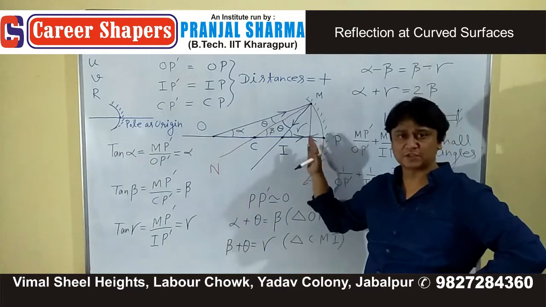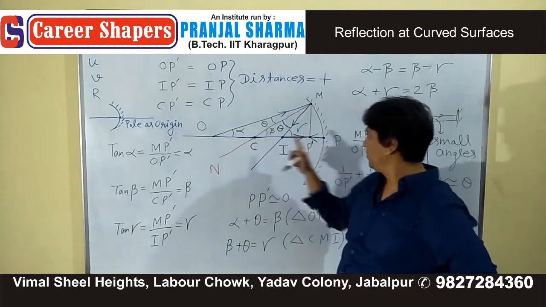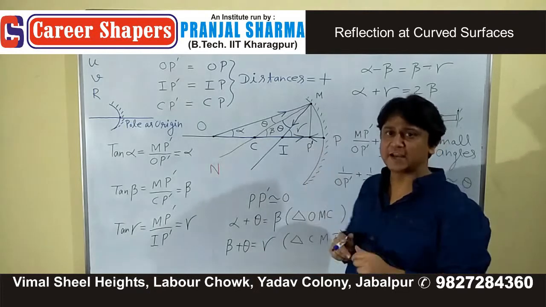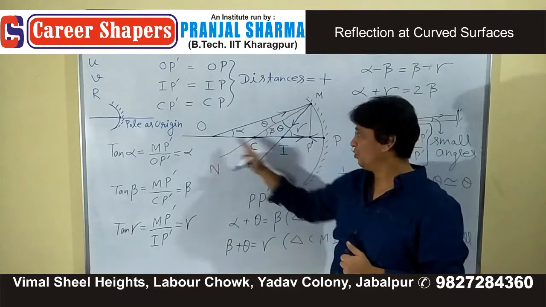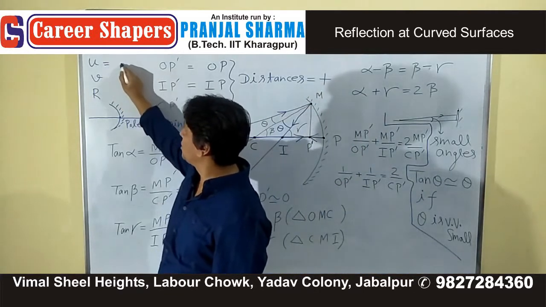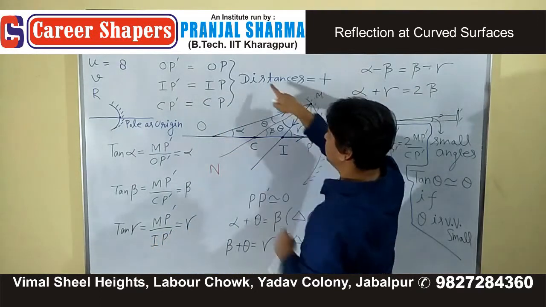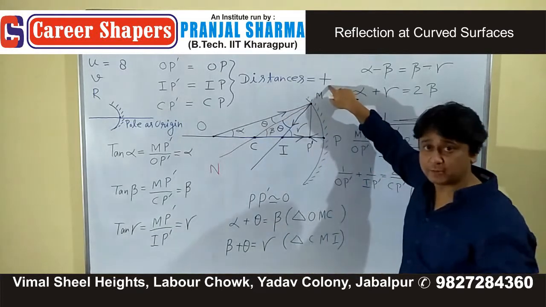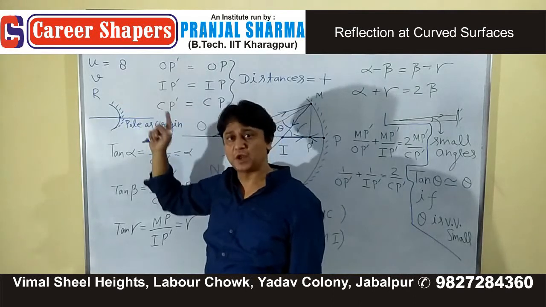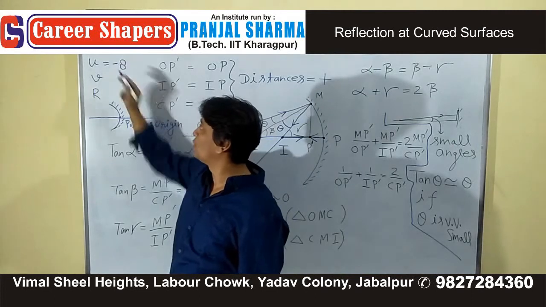In fact, everything in this setup is on the left side, and therefore OP dash, suppose OP dash is 8 centimeter, then U cannot be 8, because OP dash is distance, should be positive, but U, V, R, the values should be taken with proper sign, and therefore you must write U as what?